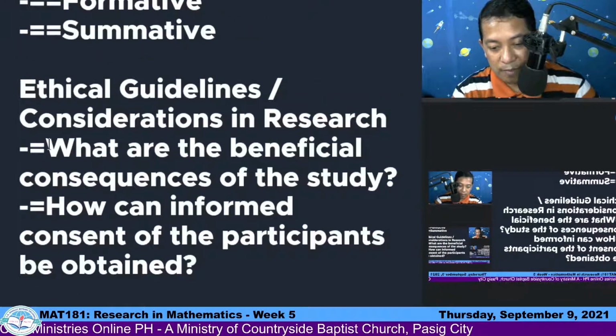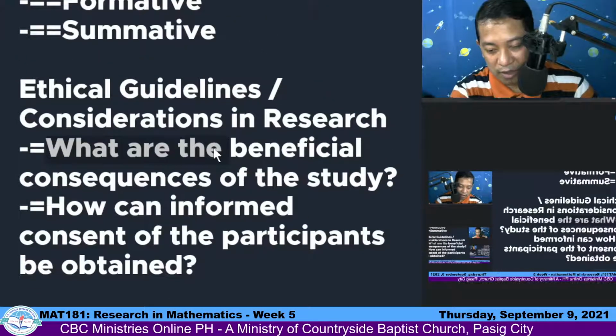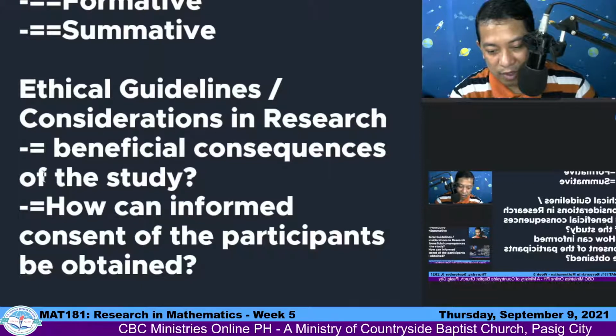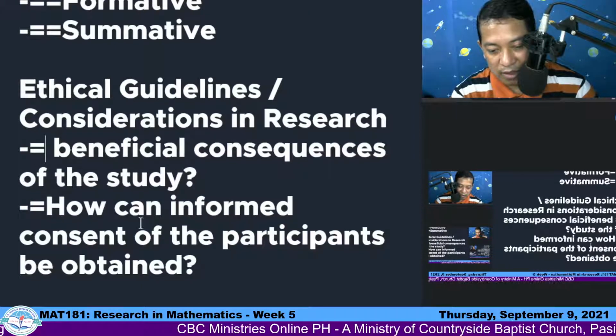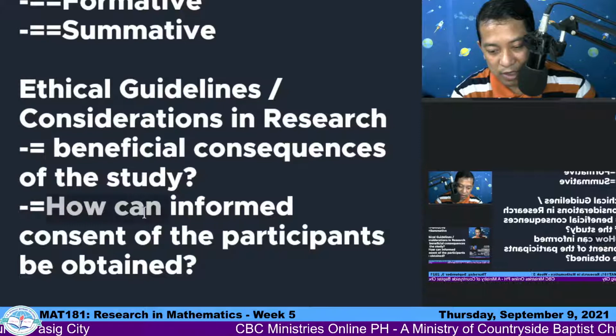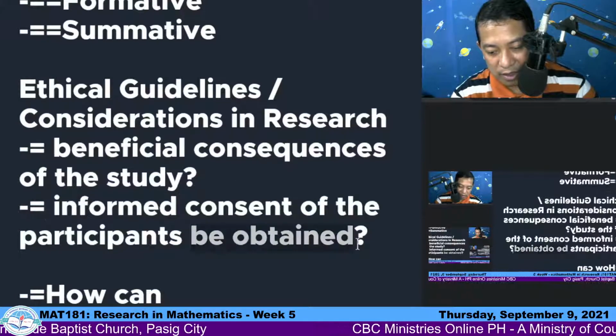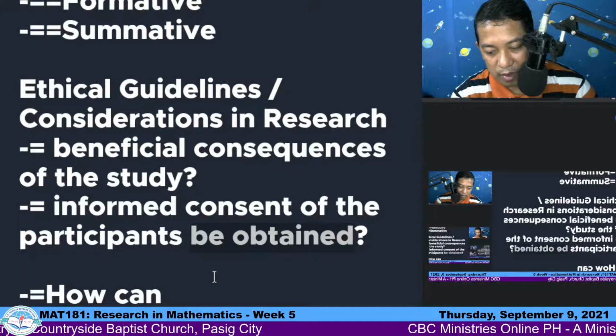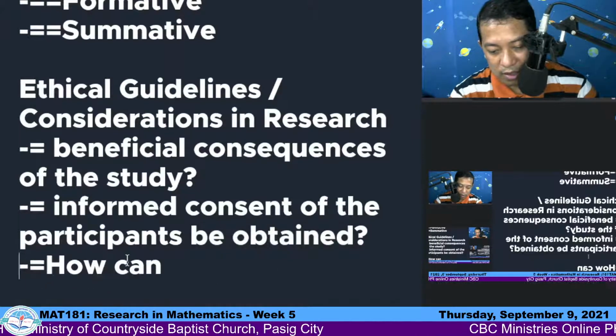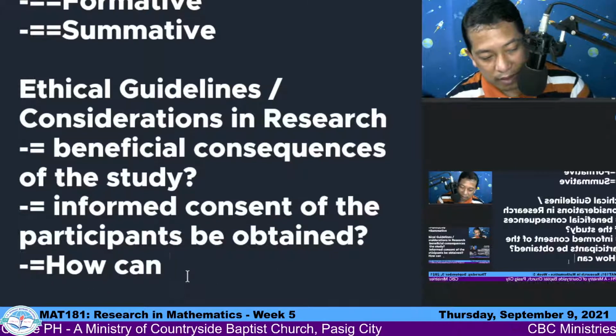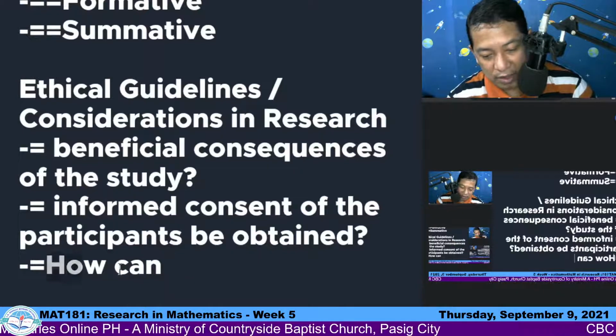So, the beneficial consequence of the study, informed consent of participants to be obtained, and then thirdly, is the consequence of the study.